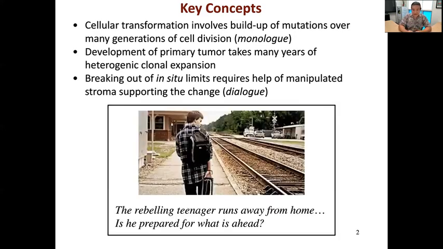So if we continue with our analogy of the rebellious teenager, at a certain point, the confused parents who are manipulated and don't know what to do, the teenager still has really depended upon the parents for support.